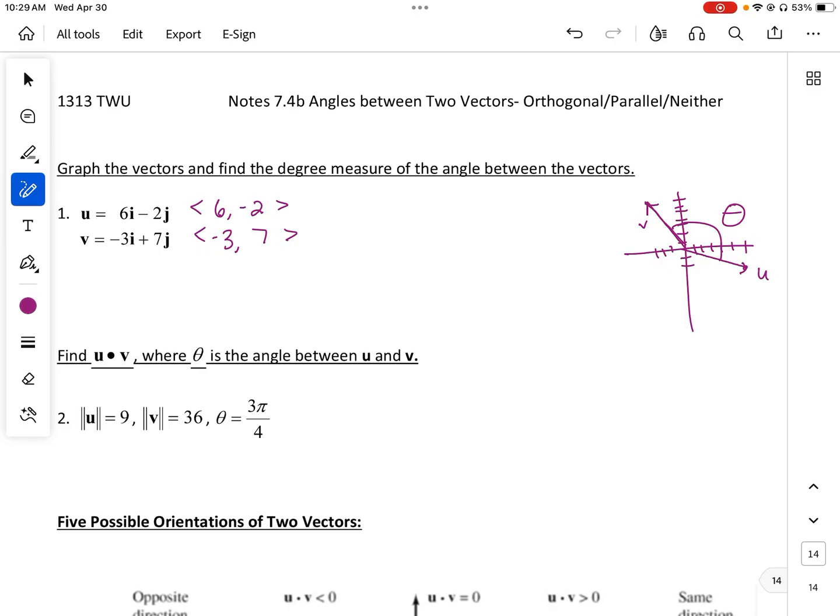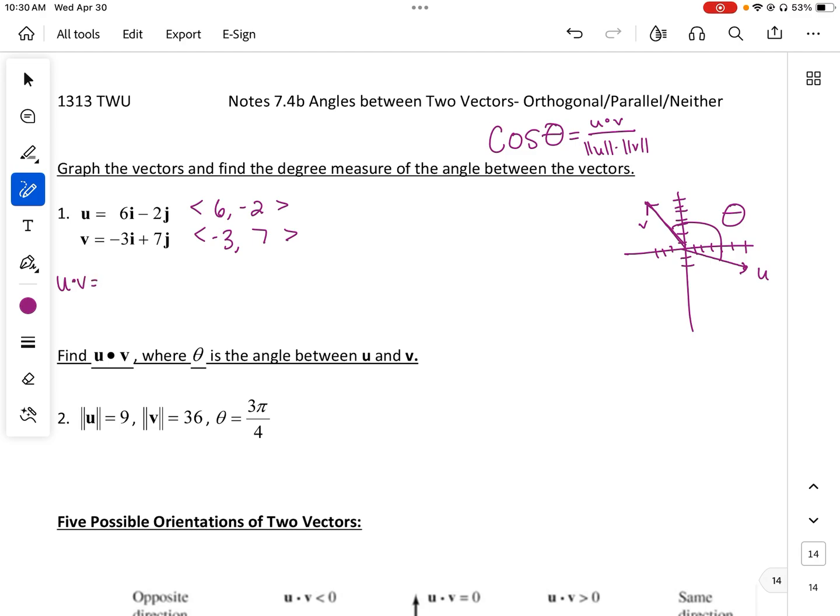All right, so let's go ahead and find the dot product because we need to find the angle. In order to find the angle, this was in our last lesson, cosine theta is the dot product of u and v over the magnitude of u times the magnitude of v. So let's go ahead and find all the components.